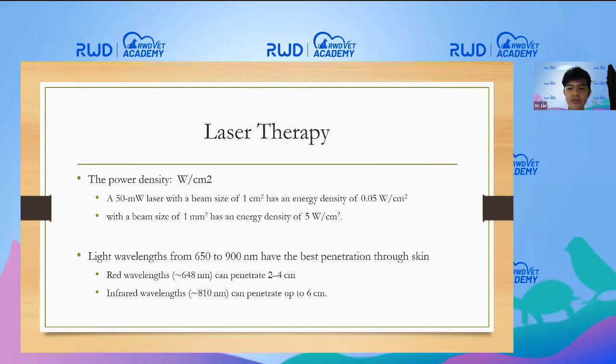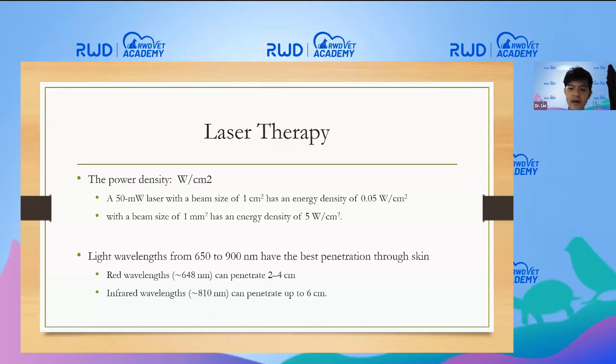Energy transmission through the skin is also affected by absorption of light energy by skin structures. Light wavelengths from 650 to 900 nanometers have the best penetration through skin.